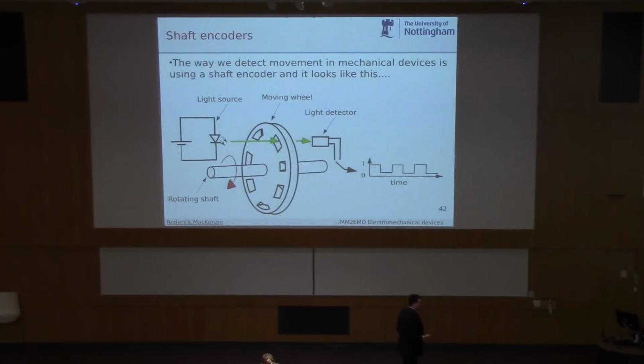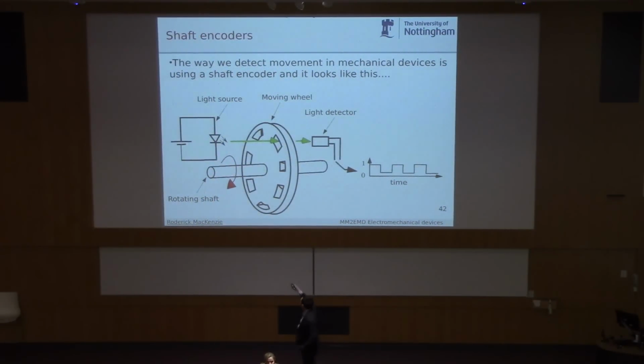So this is the type of sensor that we use to figure out where the robot arm is, and it's called a shaft encoder. So what you do is you have this rotating shaft, okay? You can imagine this shaft being attached to something that moves. If my thumb's the shaft, you can imagine attaching it to a thing that's moving. Then as the arm moves, the shaft of this shaft encoder here will rotate.